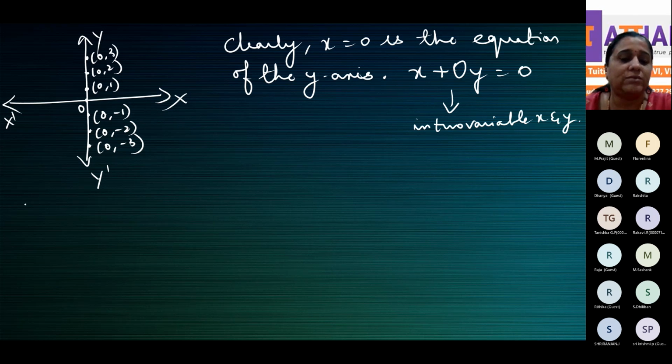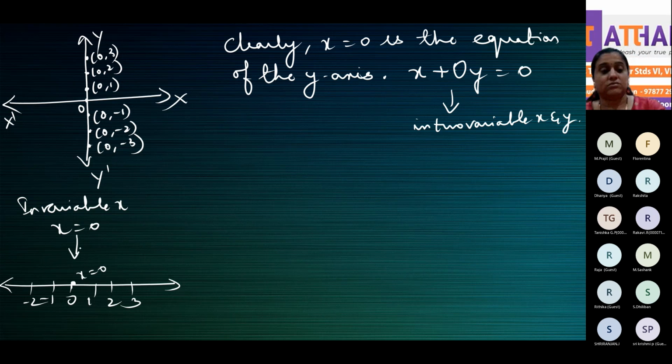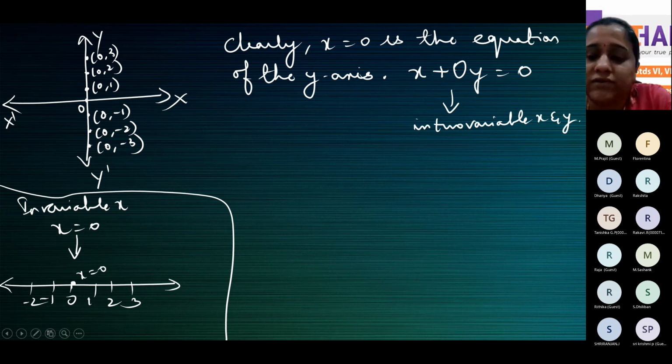But if it is in one variable x, how do you represent x is equal to 0? On the number line, like this.